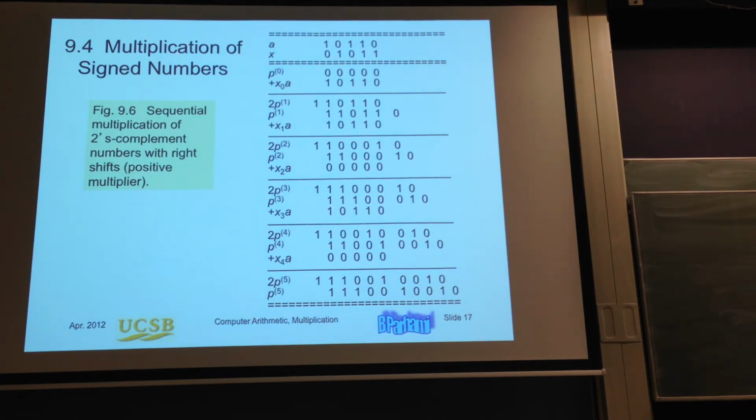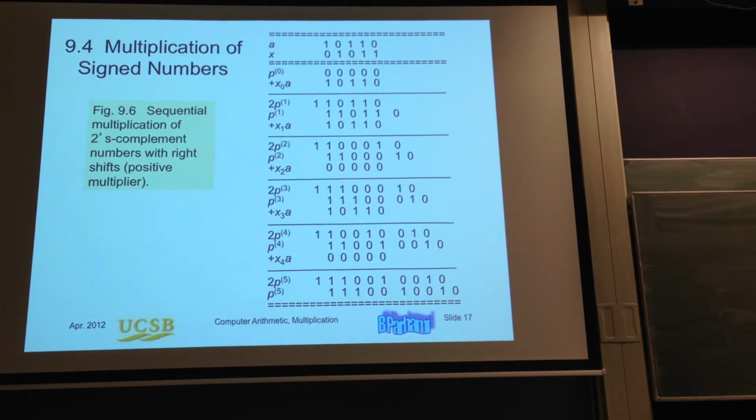Now the question is, what do I do when I deal with signed numbers? Whenever one of them is signed, and this is A, I don't have any problem, because X is always positive, and I am treating the multiplication as normal unsigned multiplication with one difference.